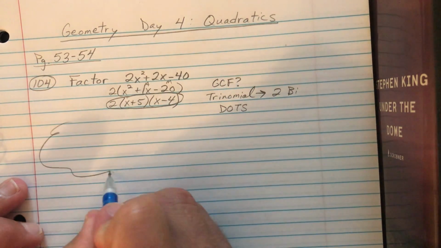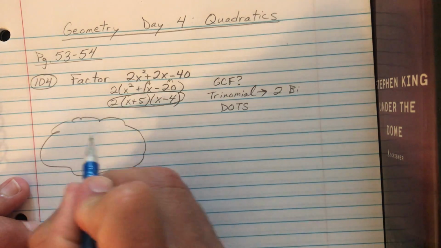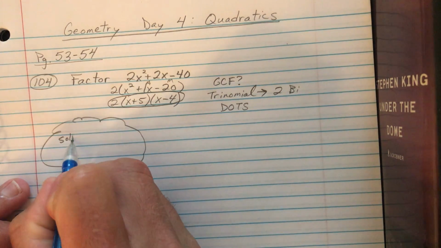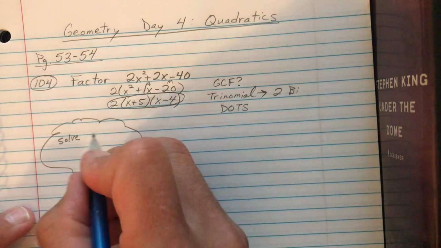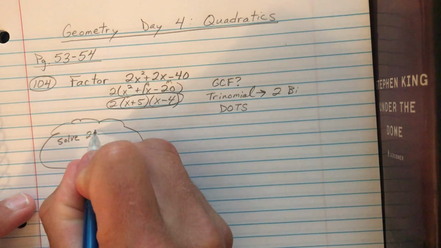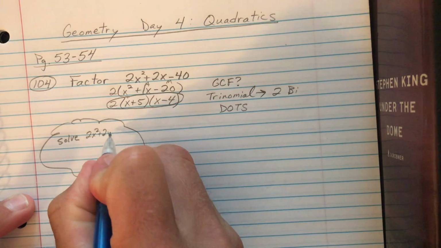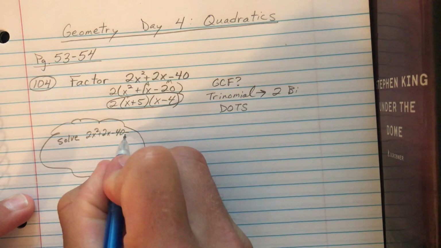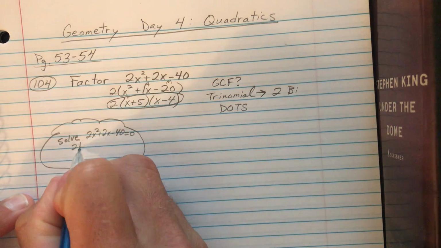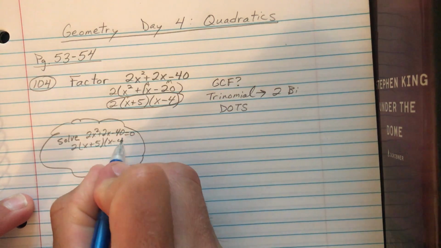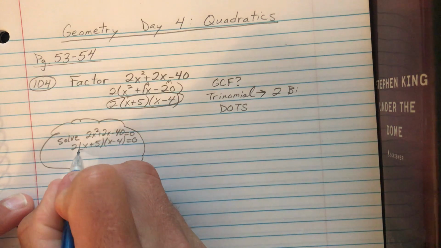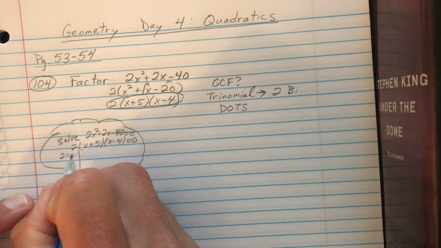Let me just show you. This is a different situation: if it did say solve 2x squared plus 2x minus 40 equals 0, you would do the same things, but then you would set each of your factors equal to 0.